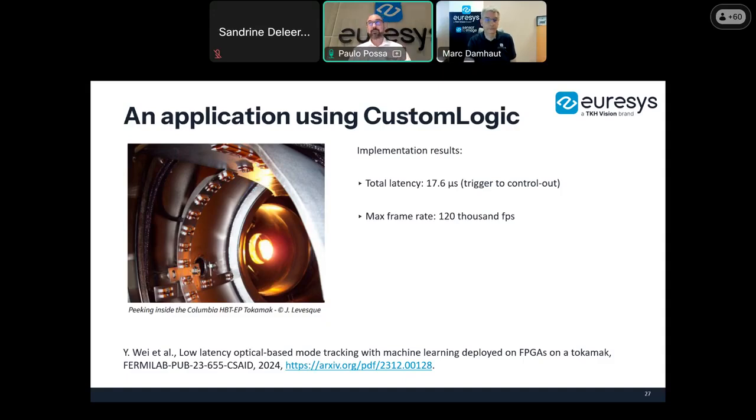Our sales department will analyze if CustomLogic can help you in your application, and then they will give you access to the CustomLogic package. In terms of cost, CustomLogic doesn't require any additional license to use with our frame grabbers. So there is no extra cost involved with CustomLogic.